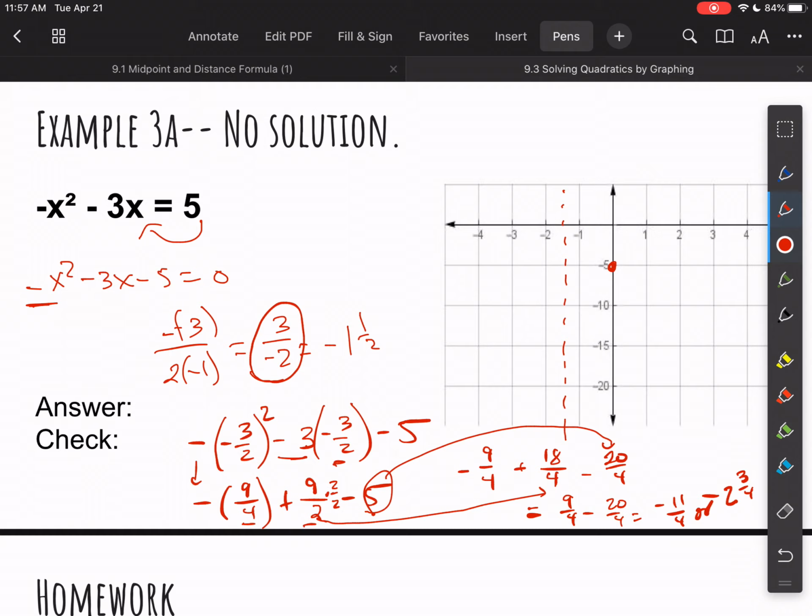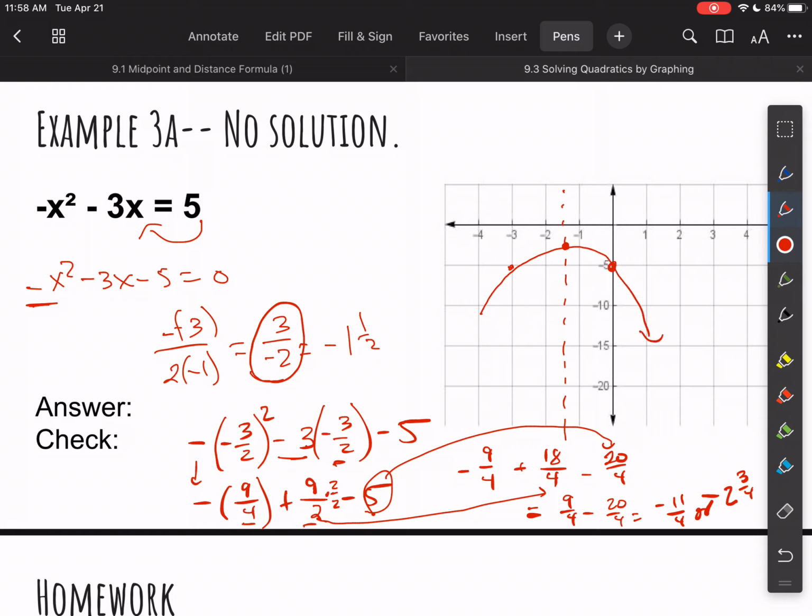So we're at negative 2 and 3/4. So when I plug it back in, I'm at negative 2 and 3/4, which is approximately here. My graph's drawn a little bit interesting because of the scaling that I did. Is that right? 1.5? Yeah, somewhere in there. So we have this kind of a picture.